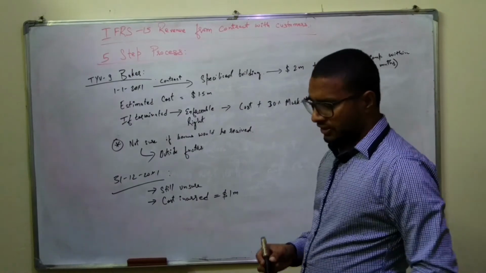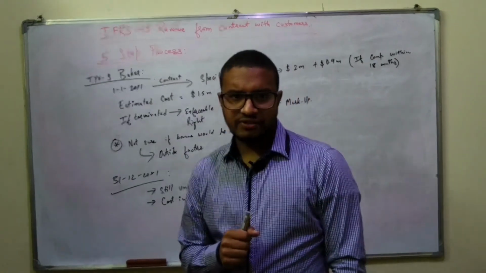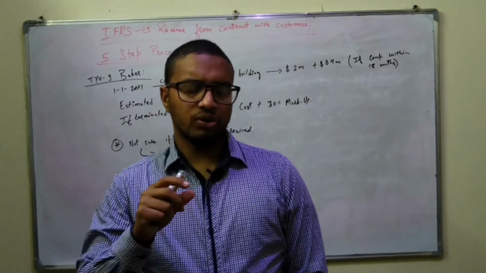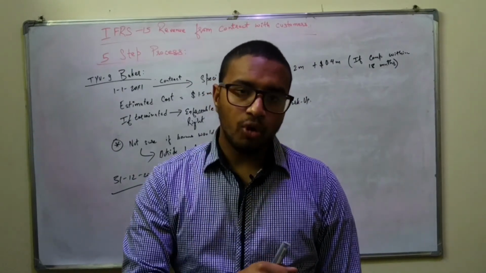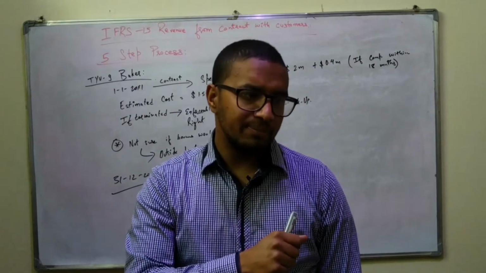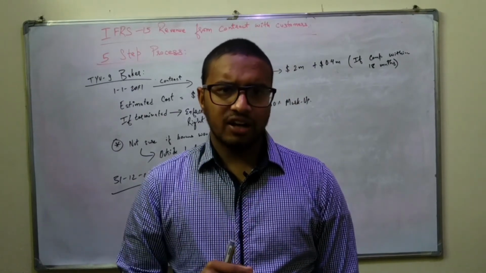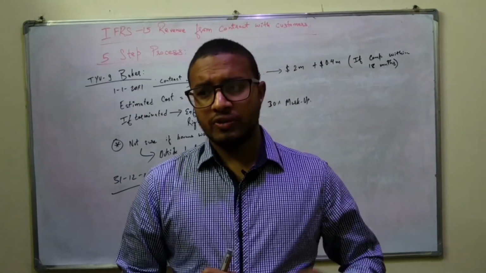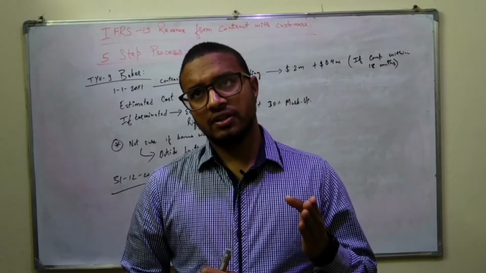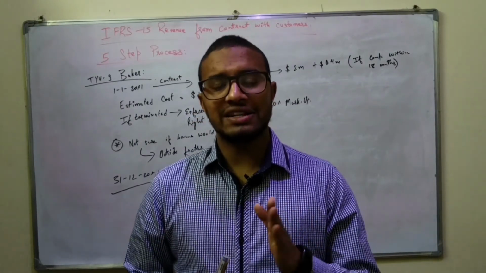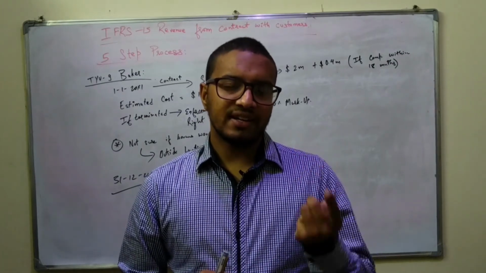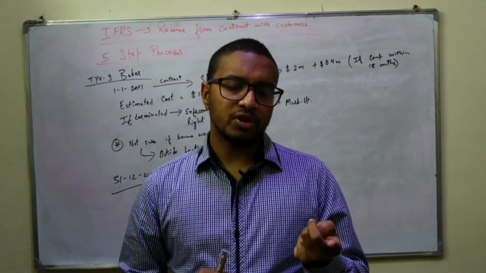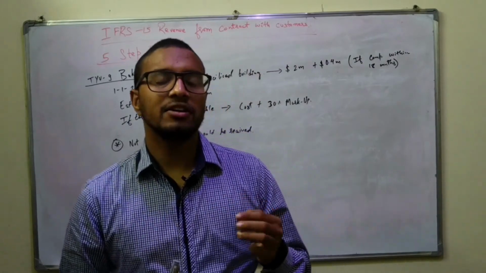The important thing that we need to remember on this kind of question is that we need to first of all determine whether revenue is recognized at a point in time or overtime. So what are the criteria for overtime? Overtime is basically if it meets any of these criteria. There are 3 criteria. The first is that the customer consumes the product simultaneously as it is being produced.